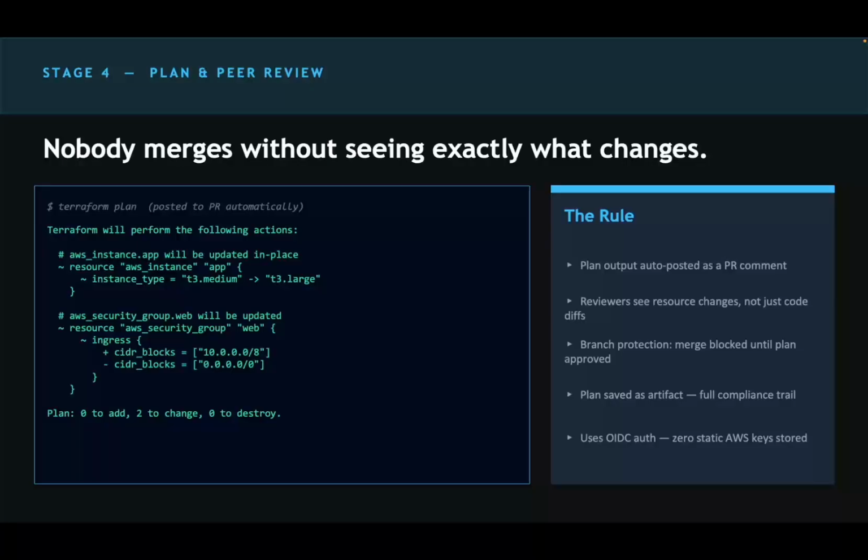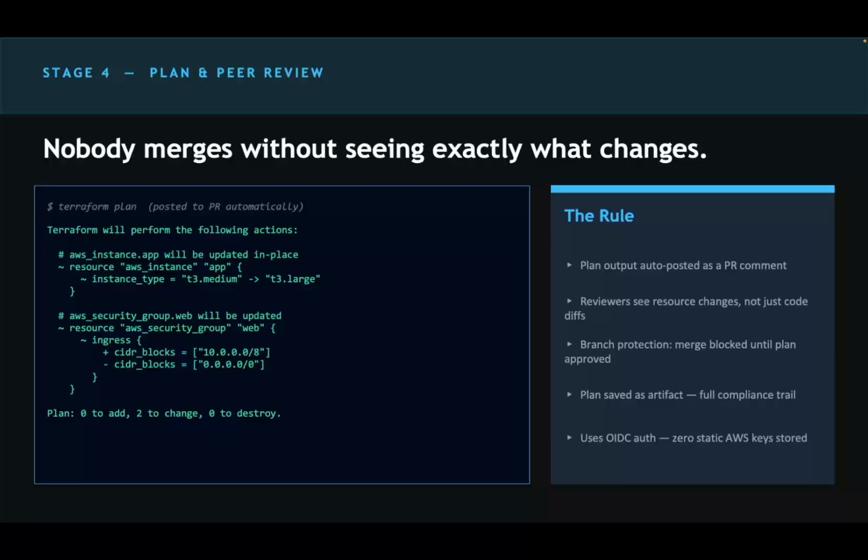Here's why this matters. A developer reviewing a Terraform PR might not know what every resource type does, but they can read '2 resources will change, 0 will be destroyed' and ask the right questions. They are not flying blind.